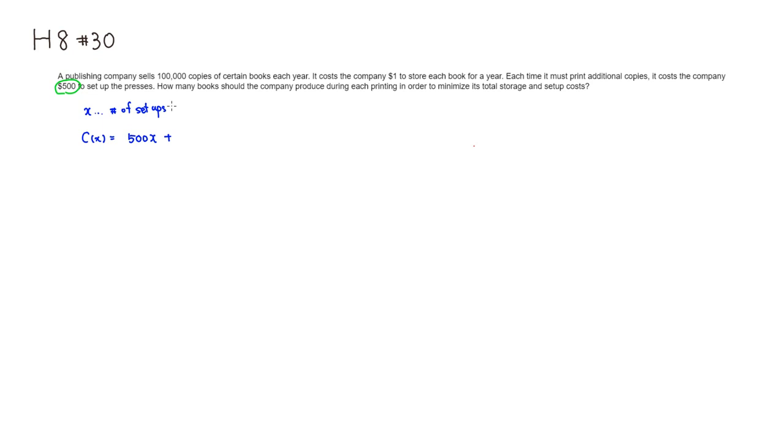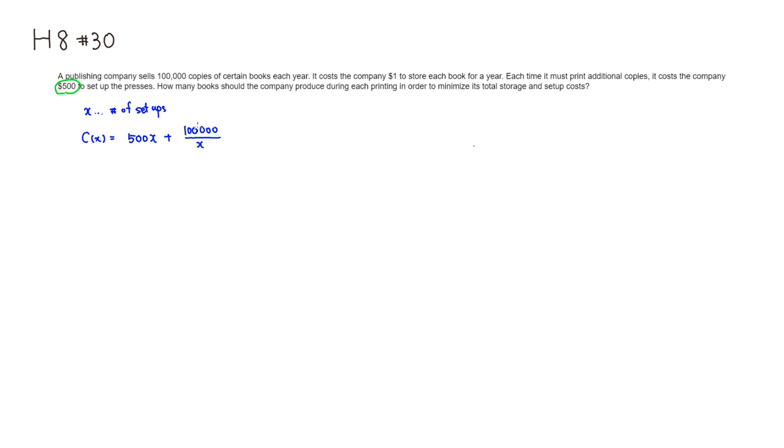And the storage cost is going to be, each time we're going to have to produce 100,000 divided by x copies per setup.